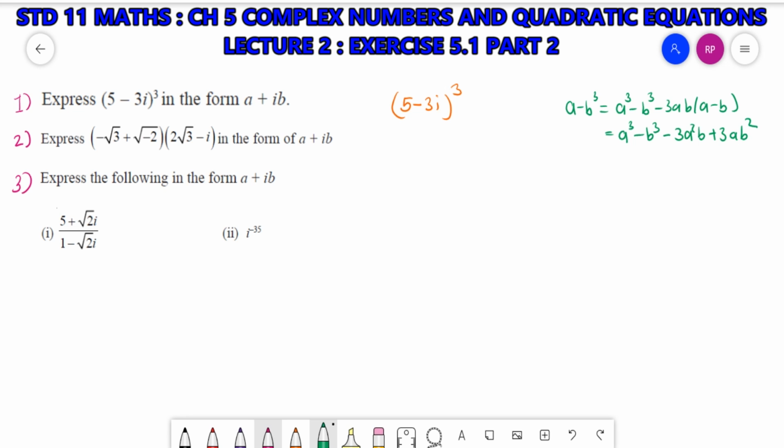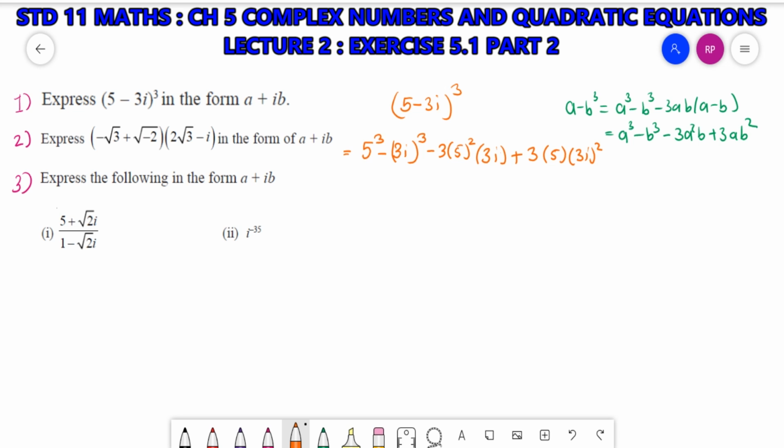Okay, so using the formula, it will be a cube, that is 5 cube, minus (3i) whole cube, minus 3 a square, that is 5 square, b, that is 3i, sorry, it will be 3i because we have already taken the negative sign, plus 3a, that is 5, b square, that is (3i) square.